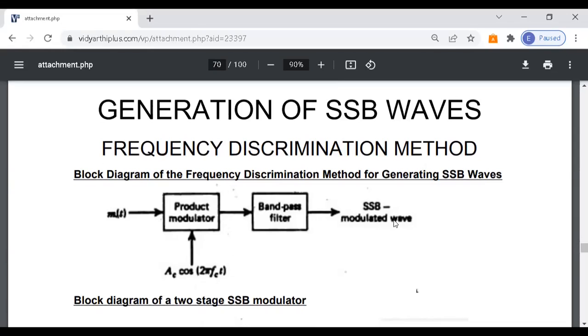Exactly what we did in modulation in the general terms. So the only adjustment we have here is your filter. See if you're with me.